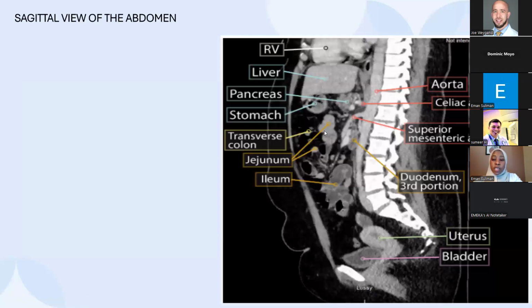Here we have the transverse colon. Here we have the parts of the small bowel: the duodenum, duodenal loops, and the ileum. Here we have the third part of the duodenum. This is clearly a CT of a female patient. Thus, the uterus and the bladder are shown here at the pelvis.